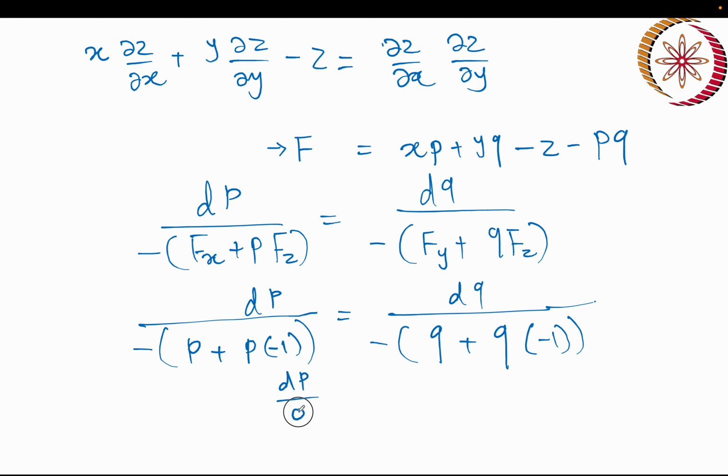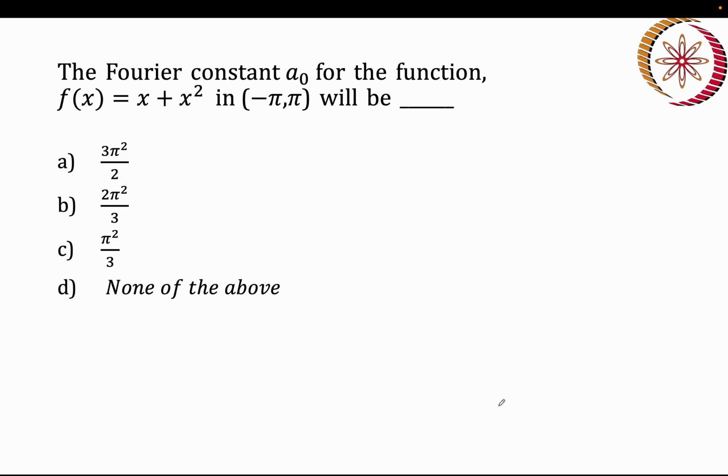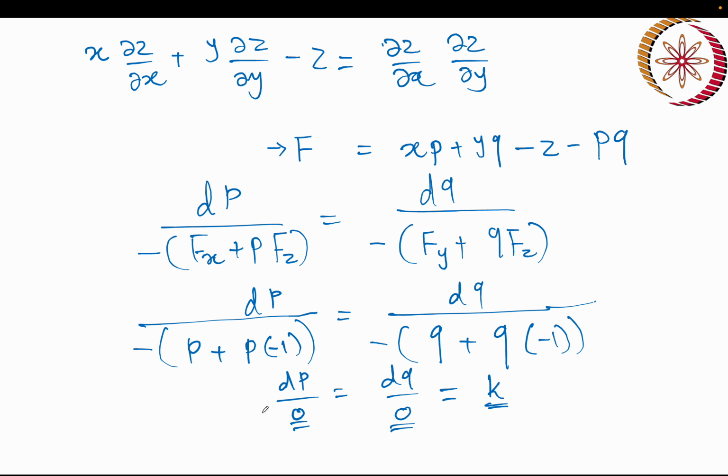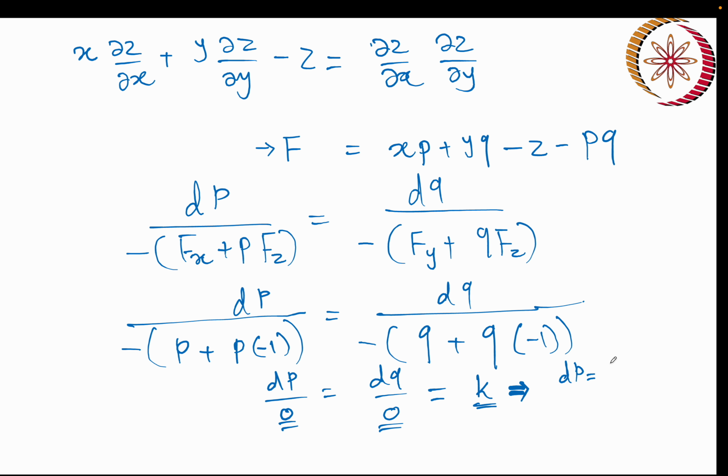dp by 0 and dq by 0. In general, let's say these constants are not 0, so in the regular case we can just write this equal to k.